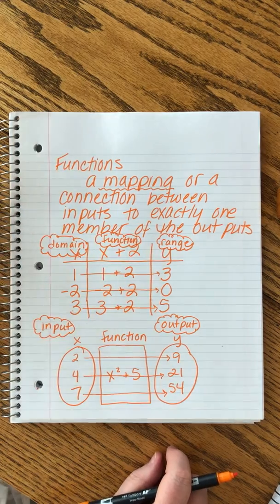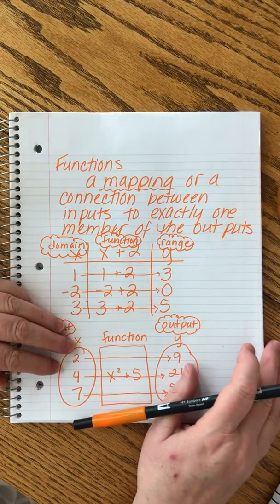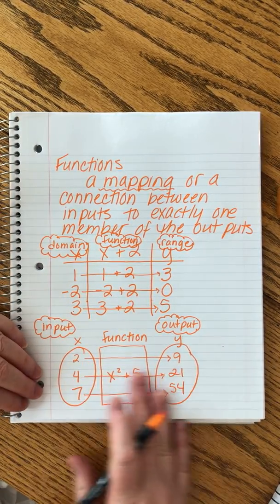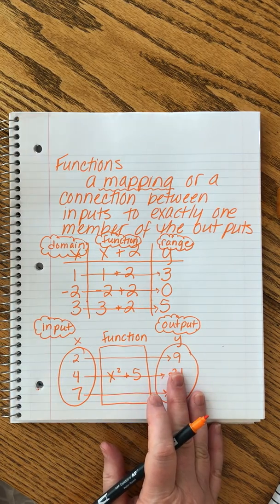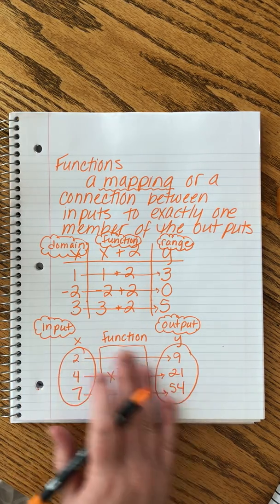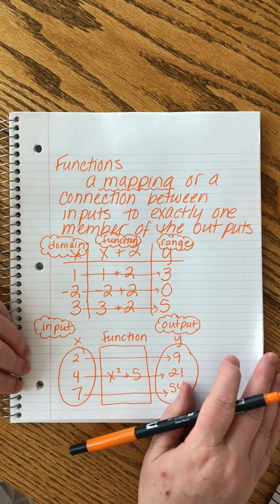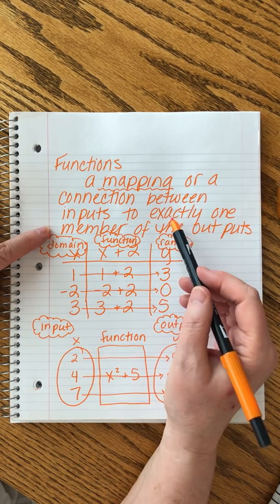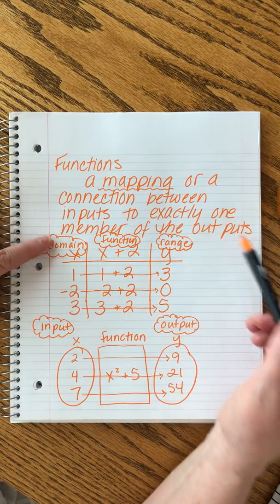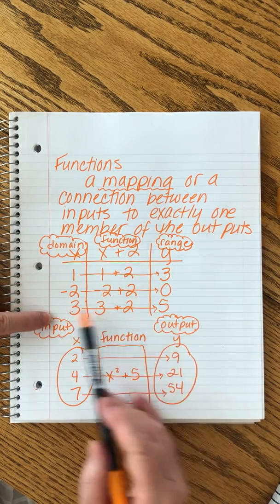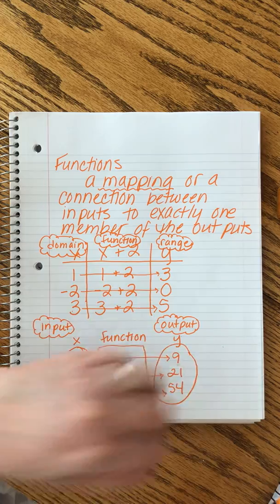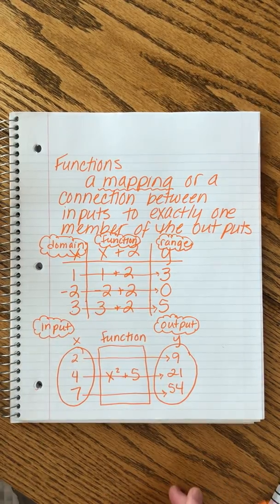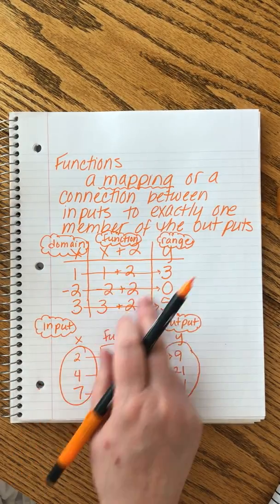They're the mapping. Okay, so now what John's going to do is show us some pictures like this, and he's going to show us that just by looking at diagrams like this, we can tell if a relation is a function or not. Remember that each input has to be connected to exactly one of the outputs, just like our arrows show here, right? Okay, so now we're not going to look so much at the function part of it.